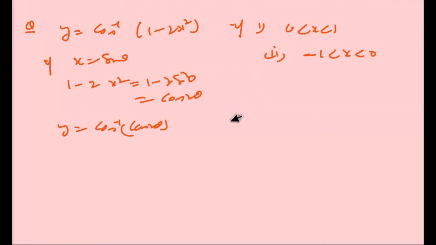Now first condition is 0 less than x less than 1. So in cos 2 theta, what is the range that you should learn here?